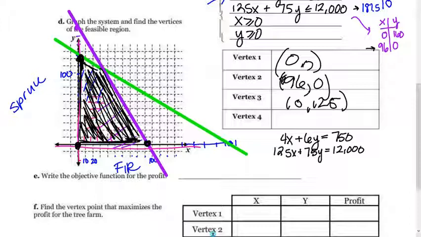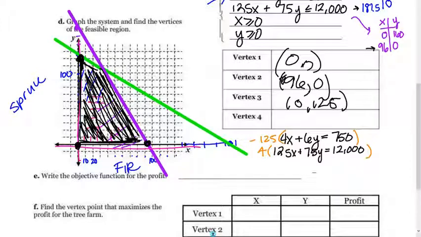So what I did, and you can see the work on mine, is that I multiplied my first line by 4 and my second line by 125, or sorry, backwards. Top line by negative 125, and the bottom line by 4 to have them cancel out. So I don't have a calculator up, so I'm just going to write down my new ones.